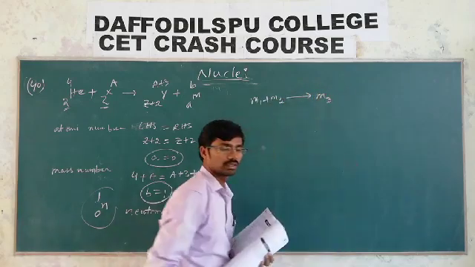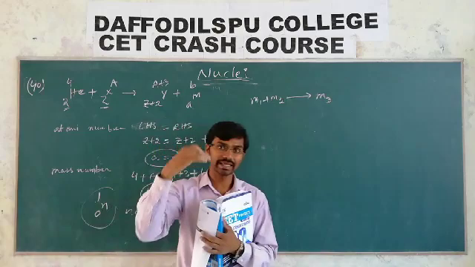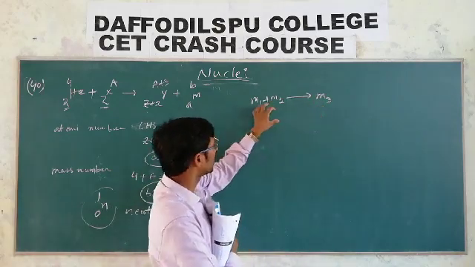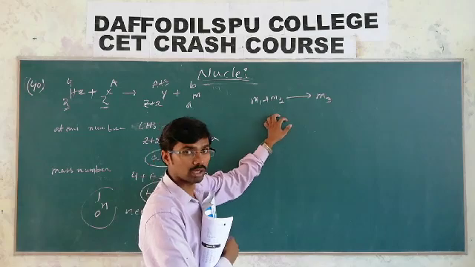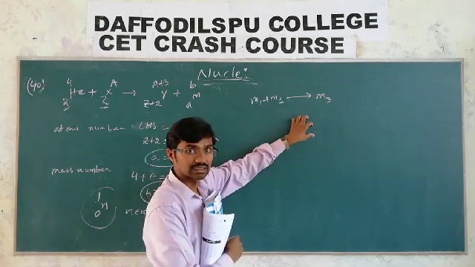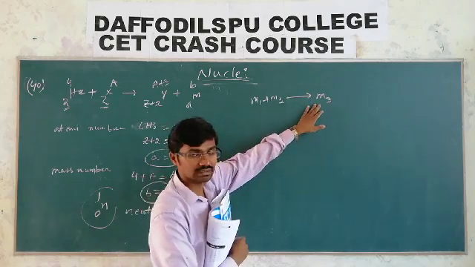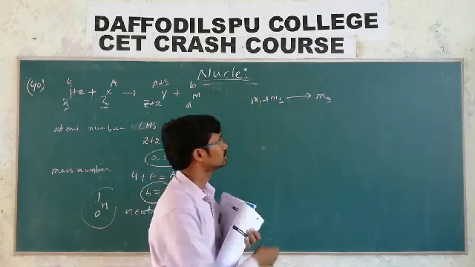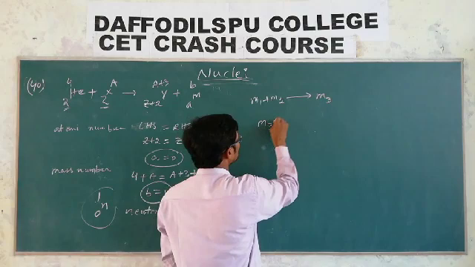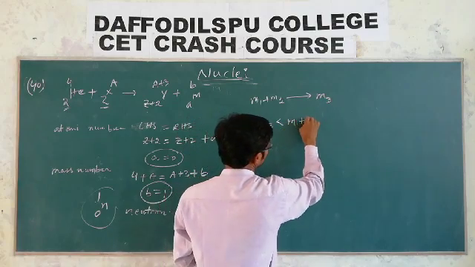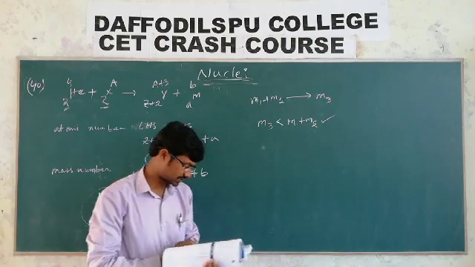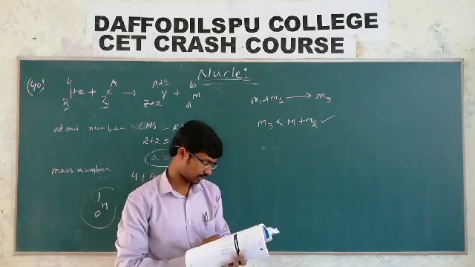Remember, the energy of the products must be greater than the energy of the reactants. But when we take masses, the mass of the products is less than the mass of the reactants, so that M3 is less than M1 plus M2. Then only the fusion reaction takes place, which is the third option.